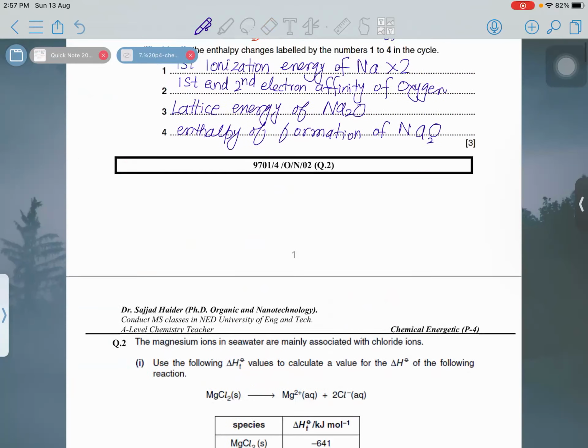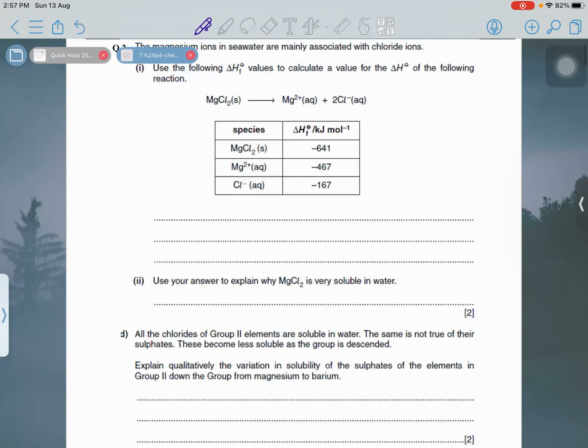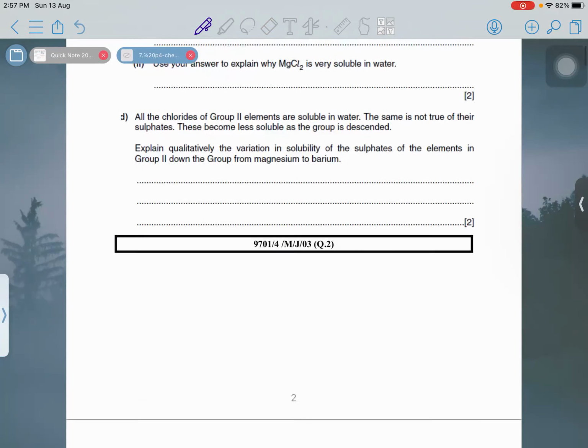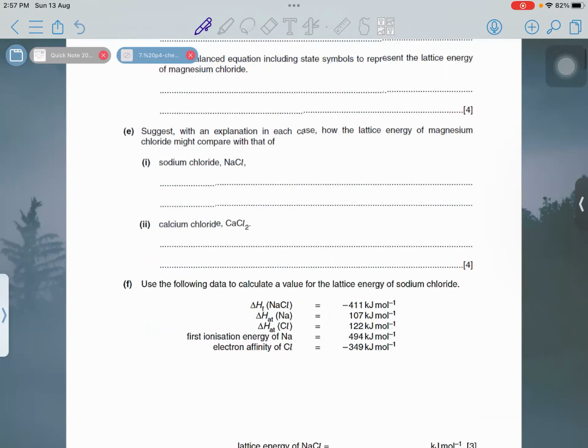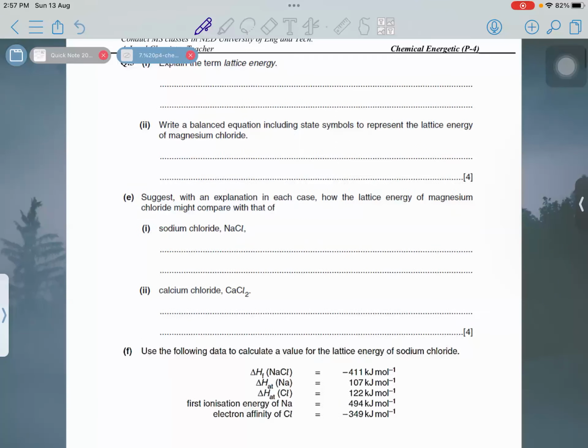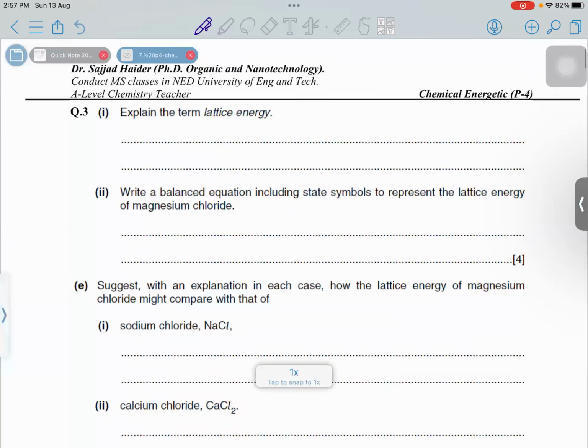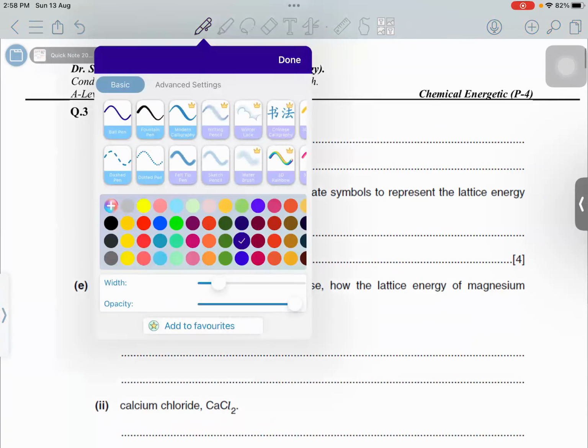This is 2002 October November, right? Now question number 3 from 2004 May June. What is lattice energy? It's the energy change when 1 mole of solid ionic compound is formed from its gaseous ions.